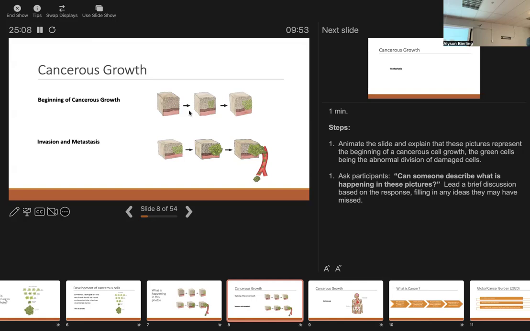This is not an infection. It may be the result of an infection, but it's not an infection. And we'll talk about some relationship between infections and cancer in some upcoming slides, so it might all come together when we review those slides.